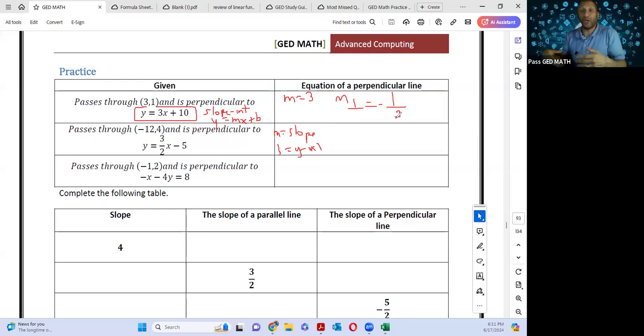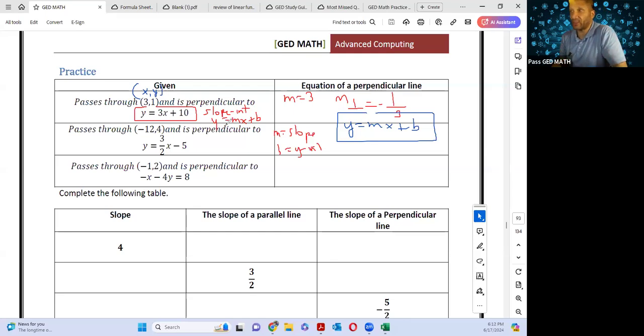But they're asking for the equation of the line. They're not asking for just the slope. They're asking for the equation of the line. So again, this is the form in which we want our equation: y equal mx plus b. We're going to take the point. Each point tells us two things.